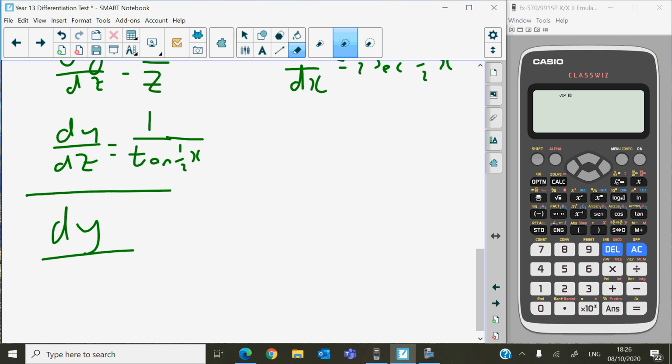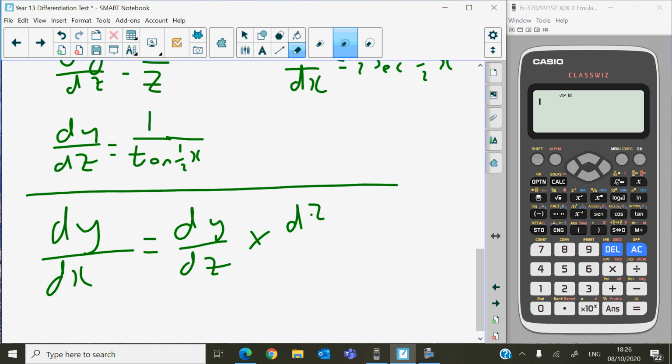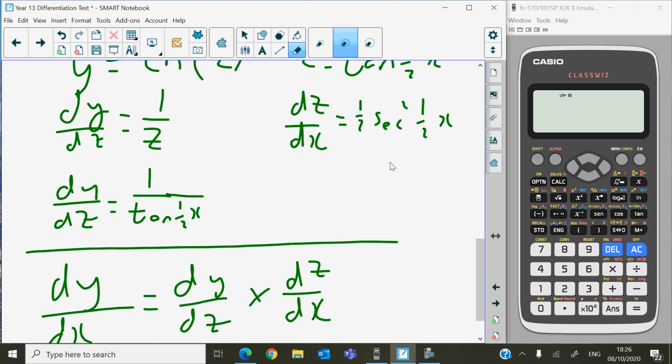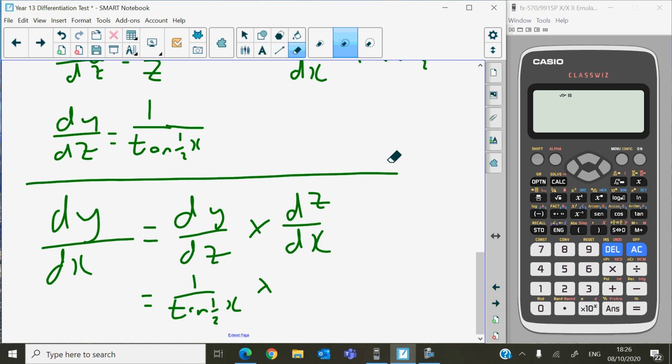Because remember, if I do dy by dz multiplied by dz by dx, those dz's will cancel, and I'd be left with dy by dx as required. So I'm going to multiply this 1 over tan a half x by the dz by dx, which is a half sec squared of a half x.